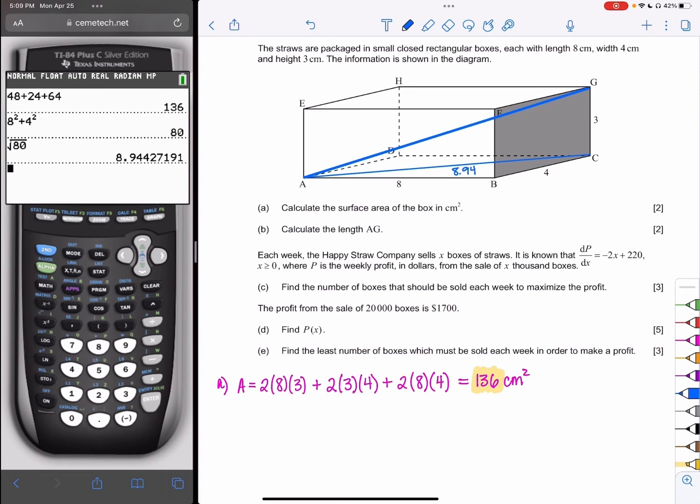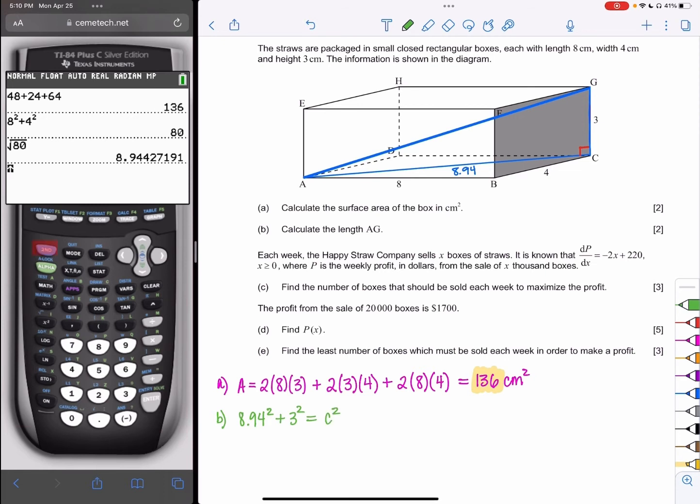All right, so now if I want to find the length between A and G, I already know that I can use the Pythagorean theorem here because this is a 90-degree triangle. Okay, this is a 90-degree triangle that I have made. So because that's a 90-degree triangle, I can use Pythagorean theorem again, which means I am going to end up having 8.94 squared plus 3 squared is equal to, we can say c squared, or the hypotenuse.